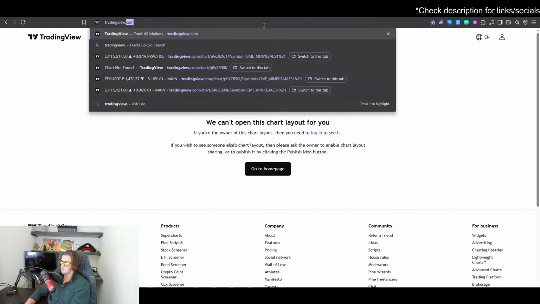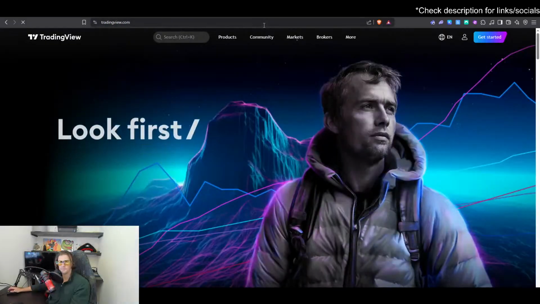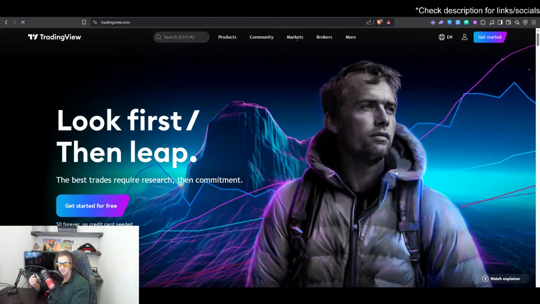So if you go to tradingview.com, it's the first thing that's gonna come up. TradingView is pretty much the most reputable and known platform amongst the whole trading community. Really, it's mainly used for charting, but over the last few years, they've added a lot of integrations so you can actually trade directly through the web browser on the charts.